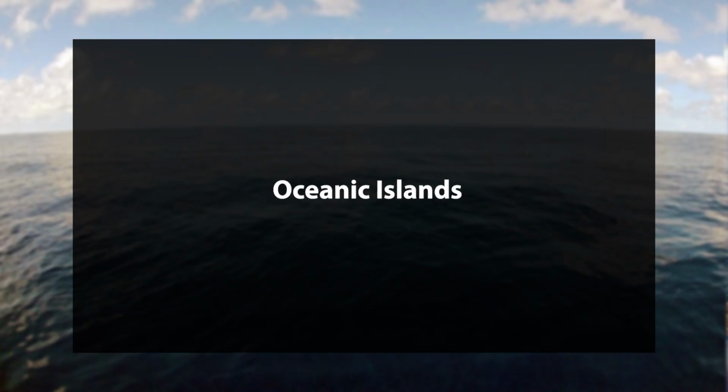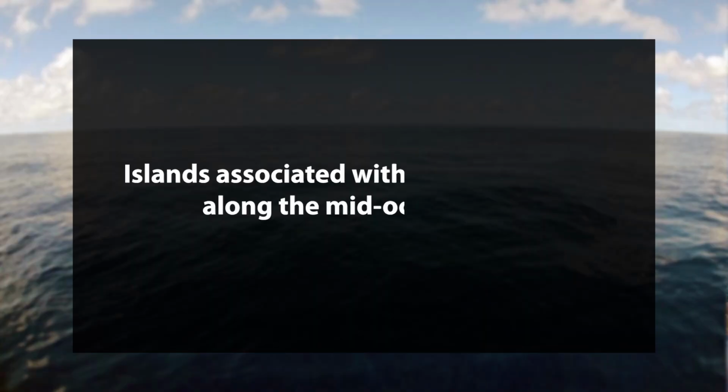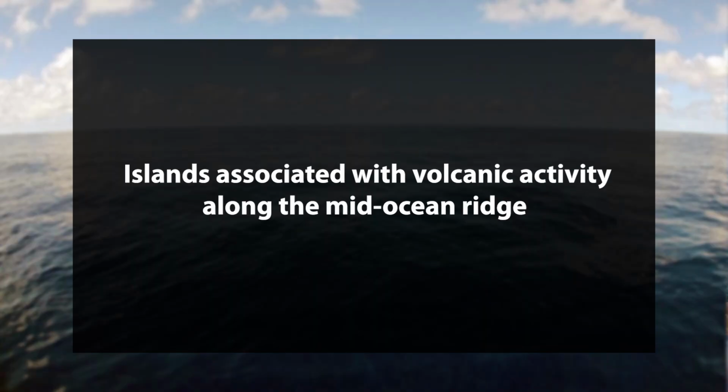Another interesting feature is the oceanic islands. Some of the most interesting features of the ocean basins are islands, which are unusually tall features that reach from the sea floor all the way up to the sea level. There are three basic types of oceanic islands. Number one, the oceanic islands associated with the volcanic activity along the mid-oceanic ridges, such as Ascension Island along the Mid-Atlantic Ridge.